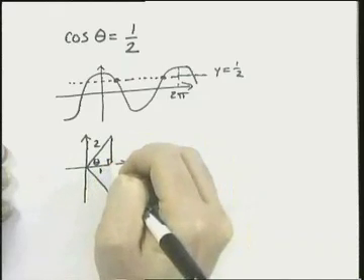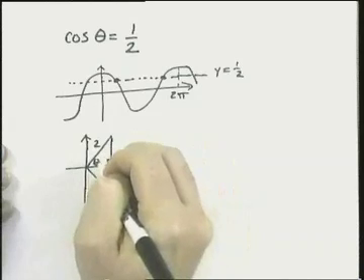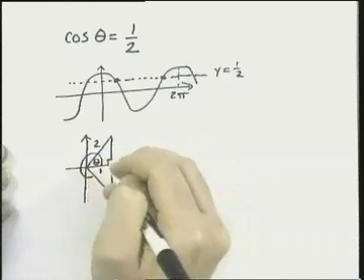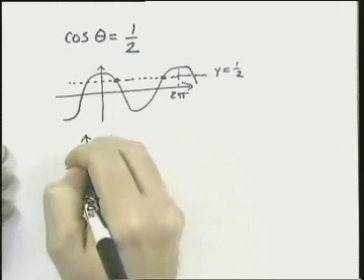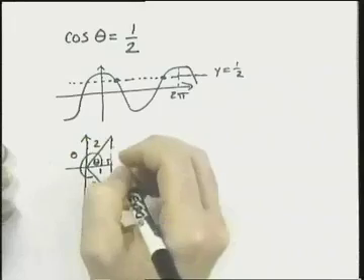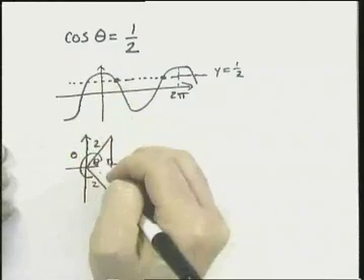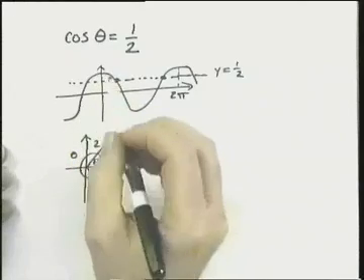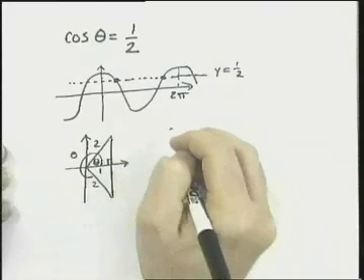But it'll also be the case that the cosine of theta equals 1/2 if the angle theta is in the fourth quadrant. So what we need to do is find 2 angles theta, one in the first quadrant and one in the fourth quadrant, whose cosine is 1/2.